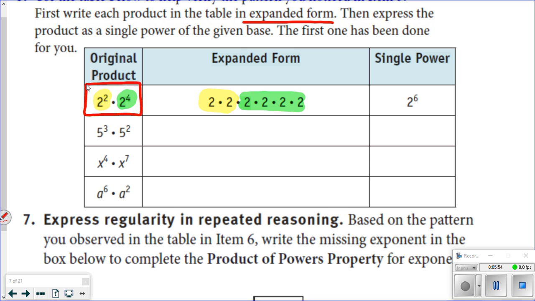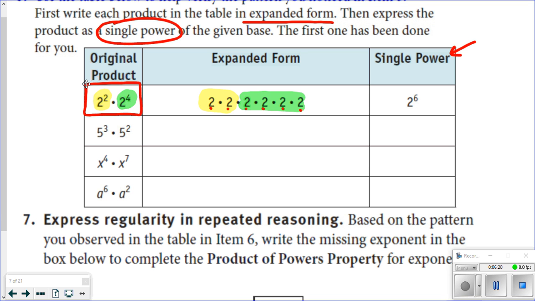And then if I count them up, I have 1, 2, 3, 4, 5, 6. So it's 2 multiplied by itself 6 times. So in the last column, we're condensing it back down into a single power. So that's the last part of the instructions here for this single power.